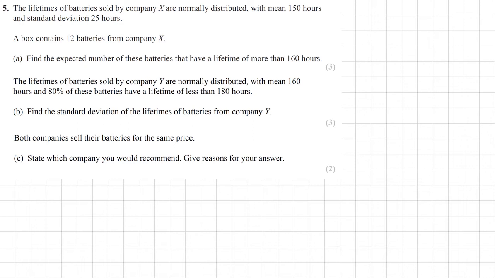So we know that for each battery it has a mean time of 150 hours, a standard deviation 25. They're normally distributed. Okay, that's for a single battery, and then we're looking at a box of 12 batteries, and we need to find the expected number of these batteries that have a lifetime of more than 160.